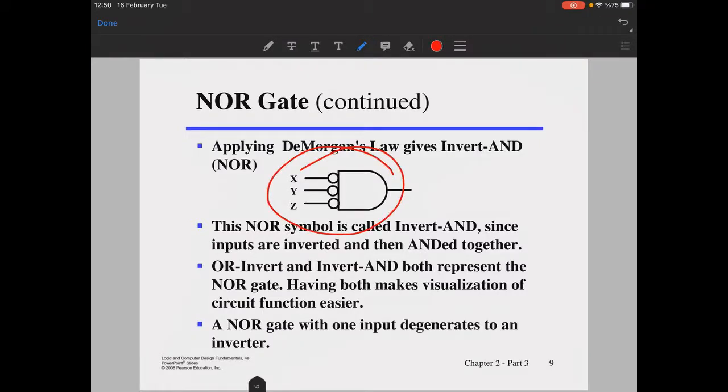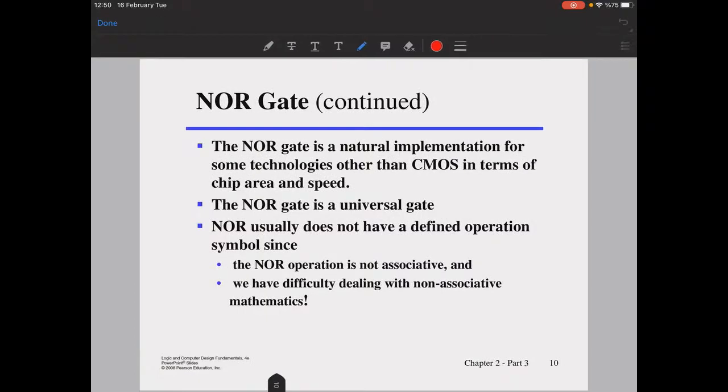It's exactly the same. And again, an OR gate with one input degenerates to an inverter itself. So that's why it's a universal gate. The only thing missing here is the inverter, and you can also implement the inverters with universal gates as well, NOR gate. And again, it does not have a defined operation symbol as well.